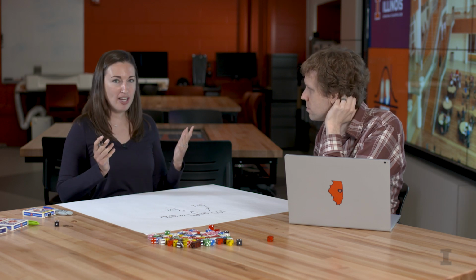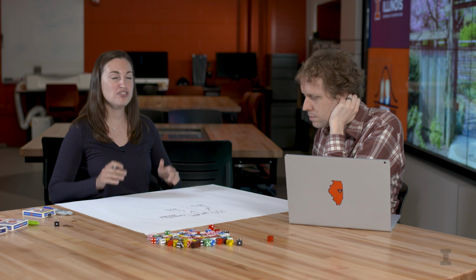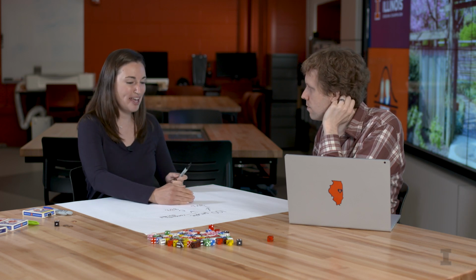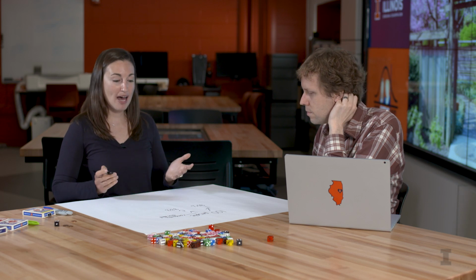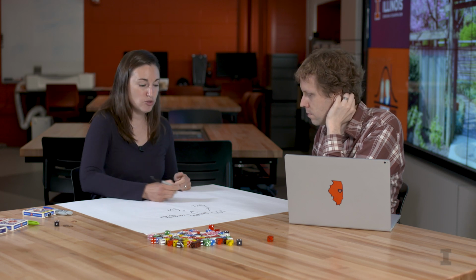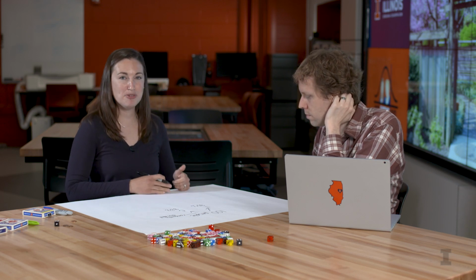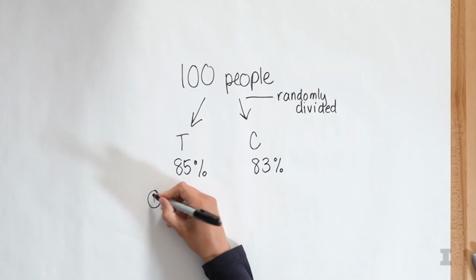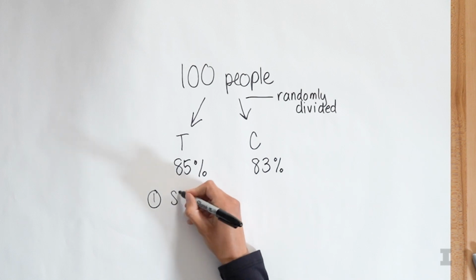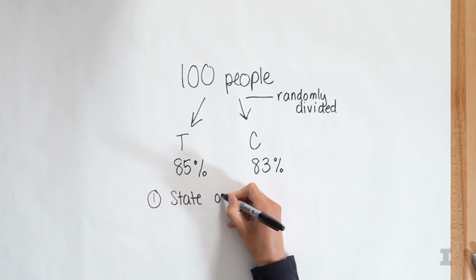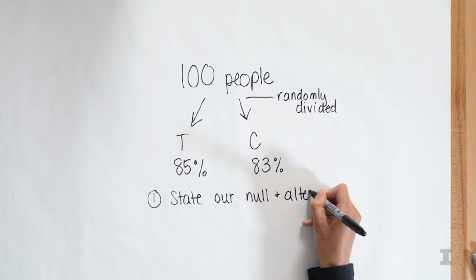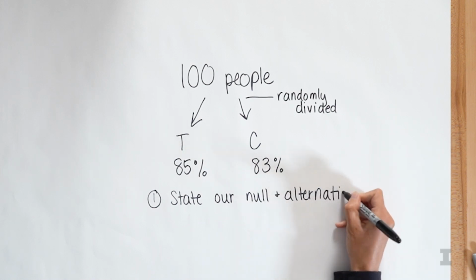There are a bunch of different hypothesis tests, and they all have different parameters and conditions, but they all follow the same formula. With a hypothesis test, we do basically the same couple of steps regardless of which test we're doing. For all tests, our first step is to state what we call our null and alternative hypothesis.